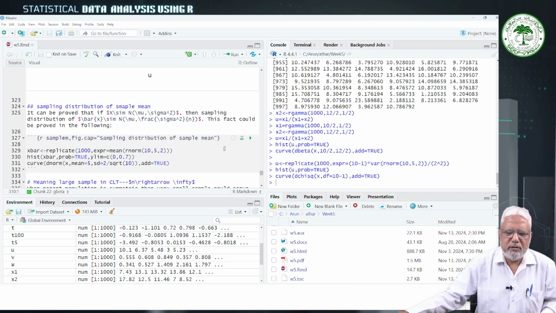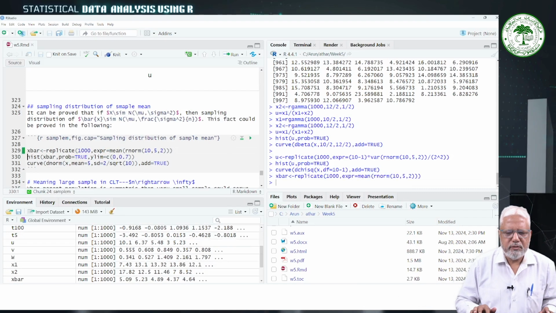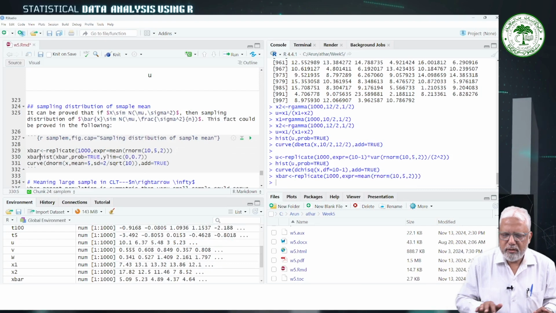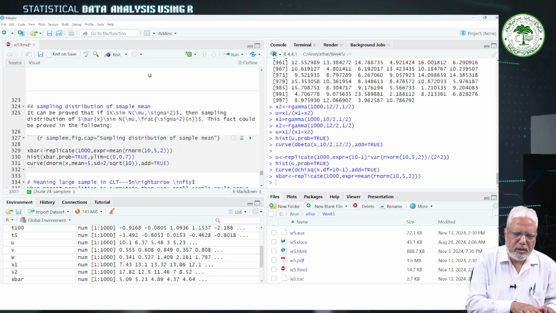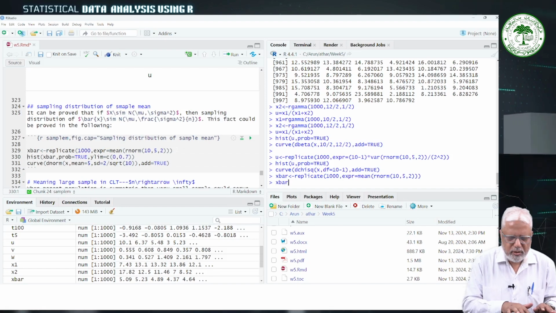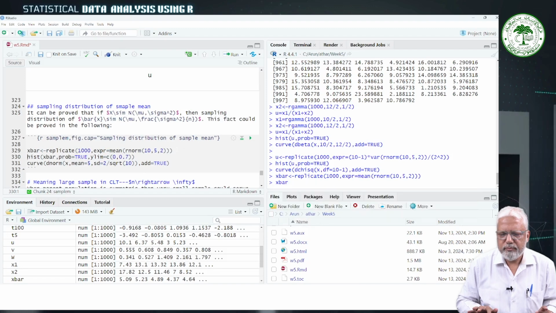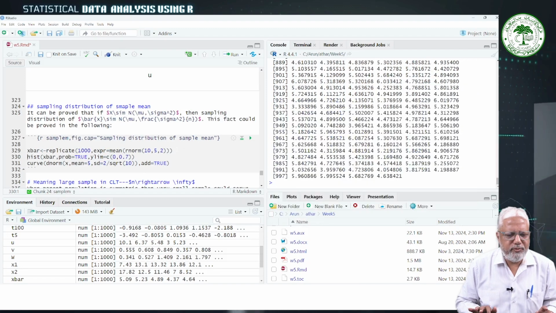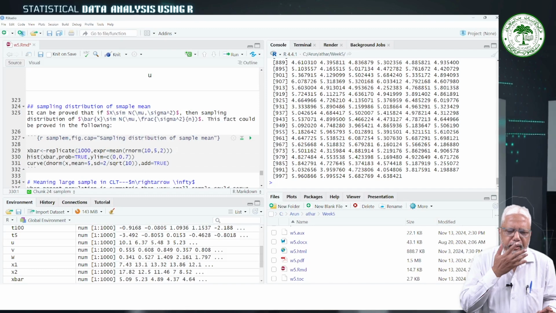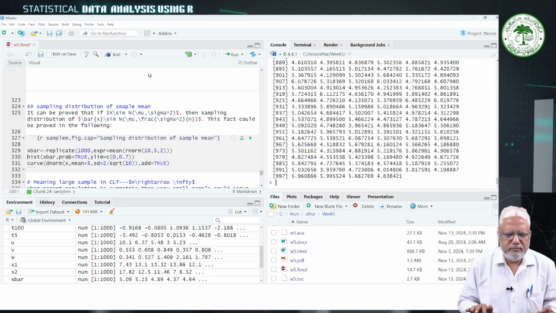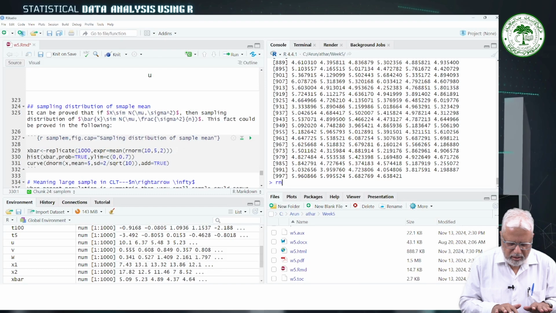X bar. So, what are these observations? These observations are nothing but sample means, 1000 sample means generated by rnorm.